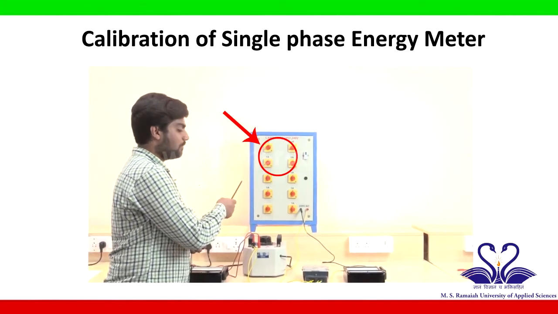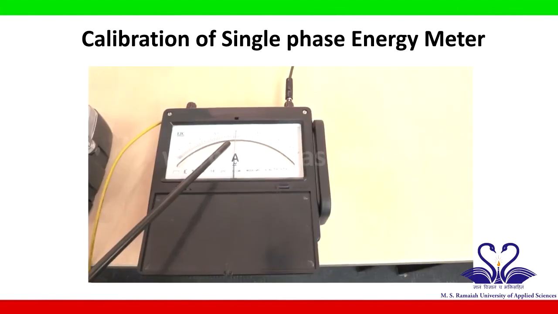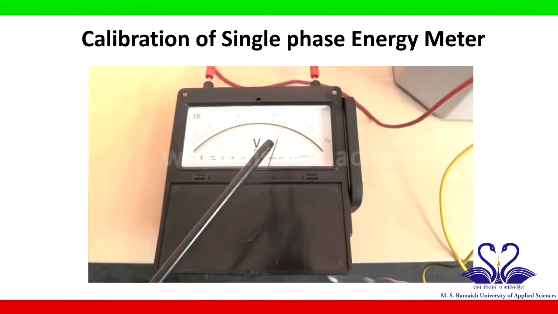For applied 4 amps of load, ammeter is reading 3 amps, voltmeter is reading 220 volts.